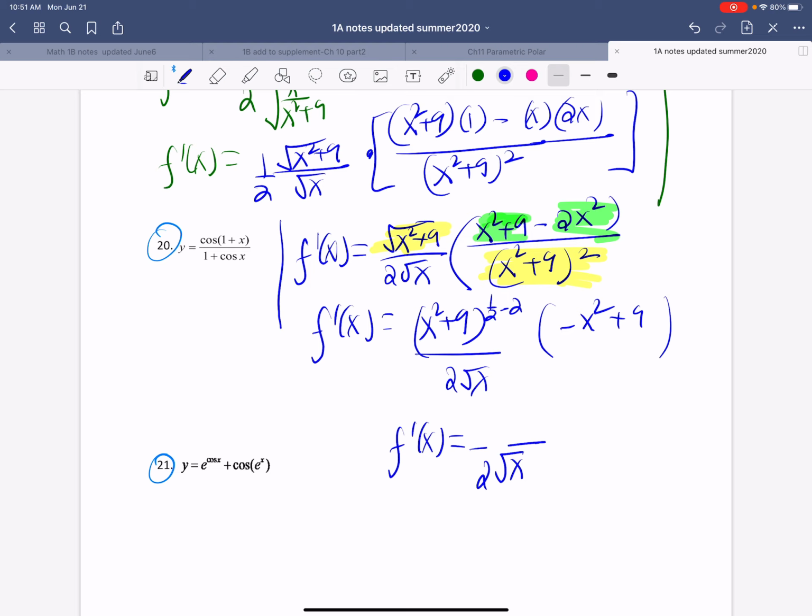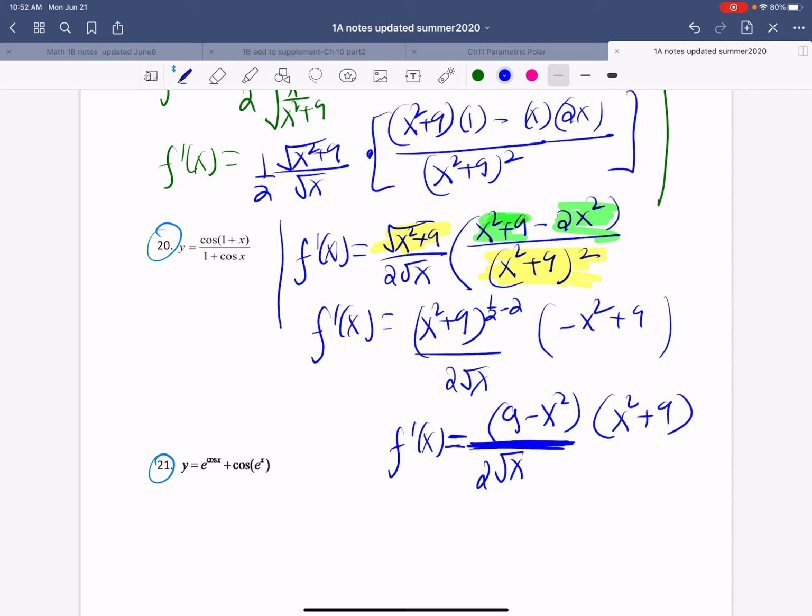I'm going to put 9 minus x squared times, this is positive, 9 minus x squared, there's no negative here, x squared plus 9 to the power 1/2 minus 2, which will be negative 3/2, and that's our derivative here. All right, next example.